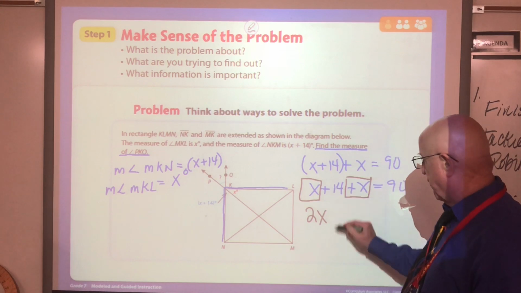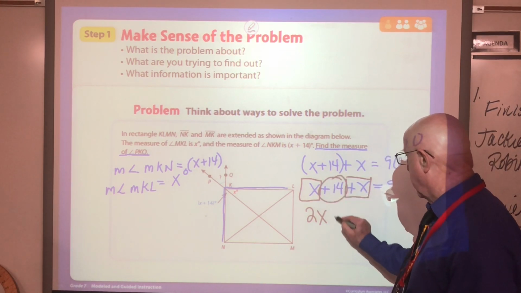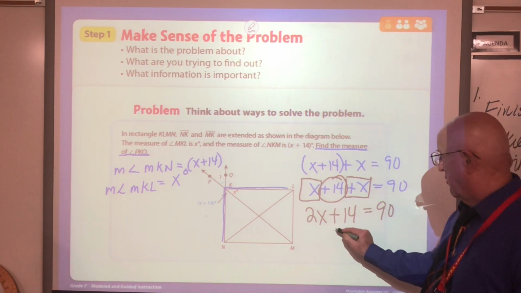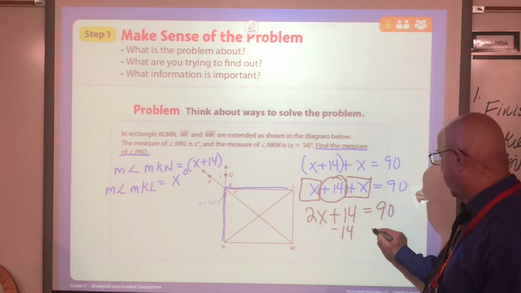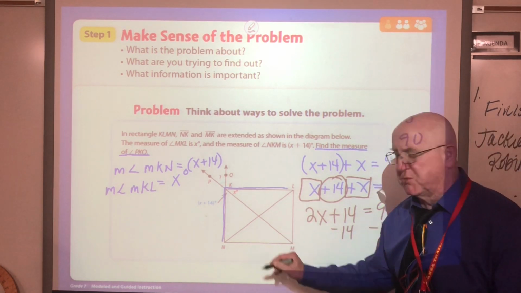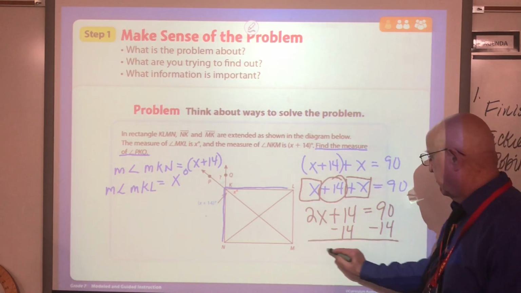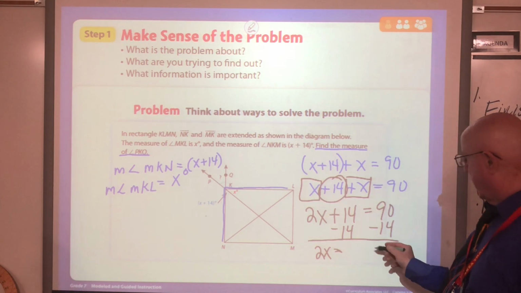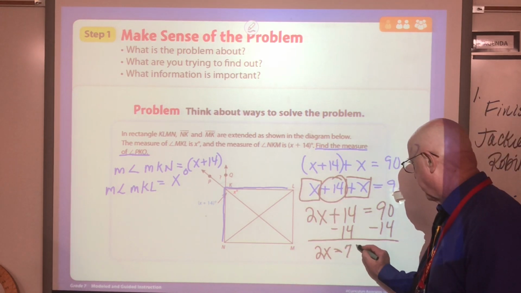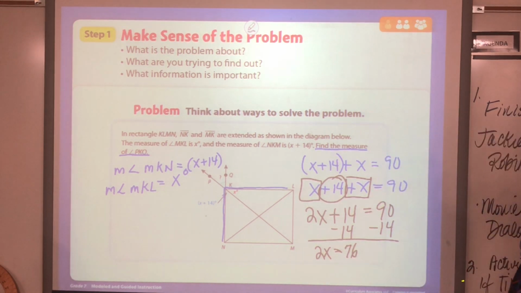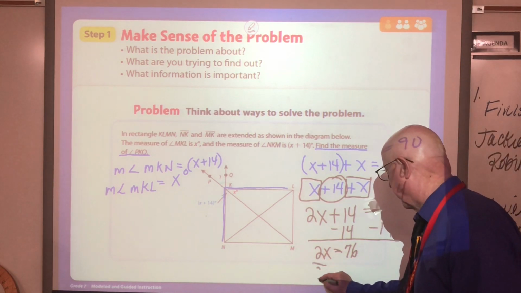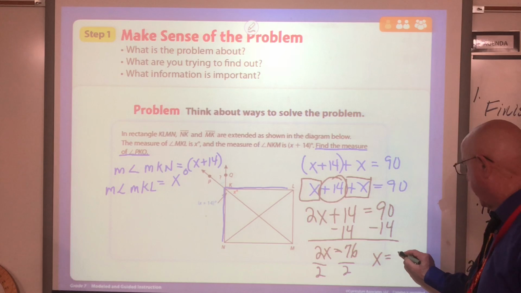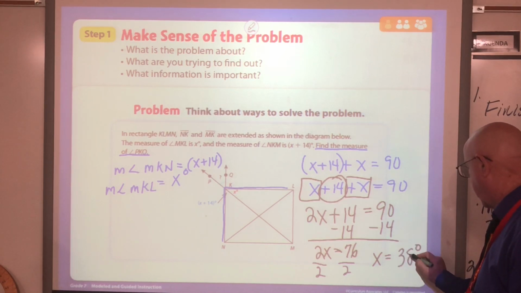Then we have the plus 14, and that equals 90 degrees. So we subtract 14 from both sides because we want to isolate the variable on its own, and we get 2X is equal to 76 degrees, right? If we divide by 2 on both sides, we get X is equal to 38 degrees, right?